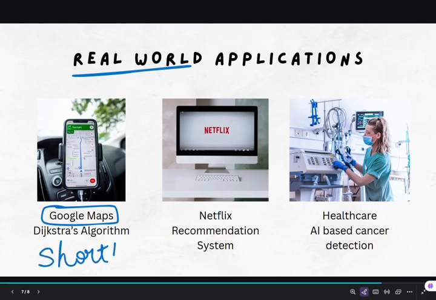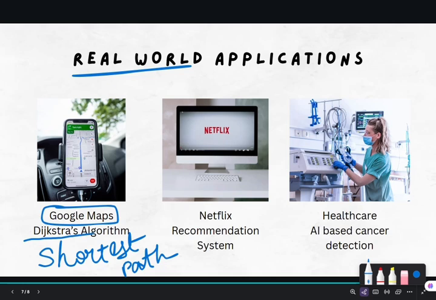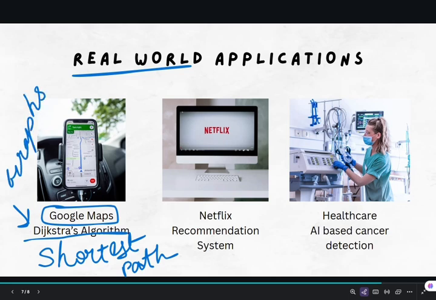Shortest path. So behind the hood, it uses something called Dijkstra's algorithm. Very important. We will learn it in the graphs chapter. Again, I apologize for my handwriting. The graphs chapter in our DSA playlist.